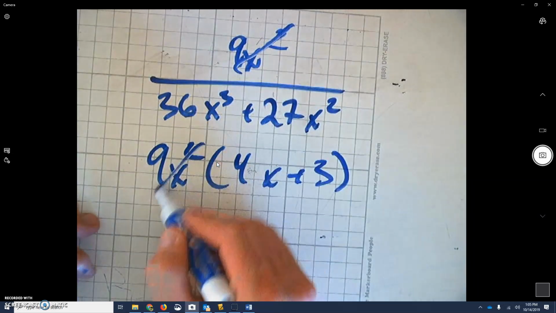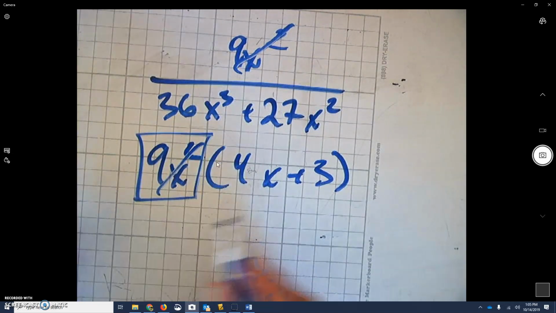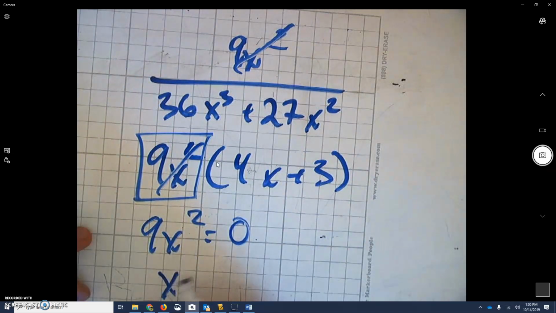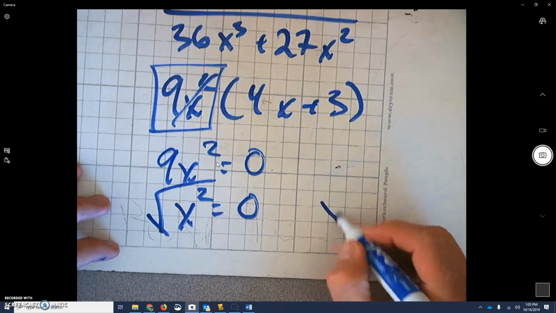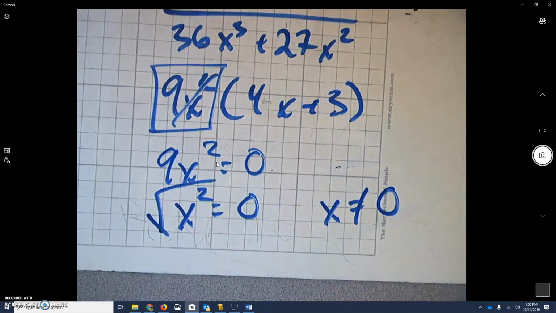We cross that off. However, when we're talking about what we cannot have, we can't have a 0 here, because we set 9x squared equals 0. We divide both sides by 9. We get 0. 0 over 9 is still 0. And then to get x by itself, we take the square root of both sides. The square root of 0 is 0. So x can also not equal 0.